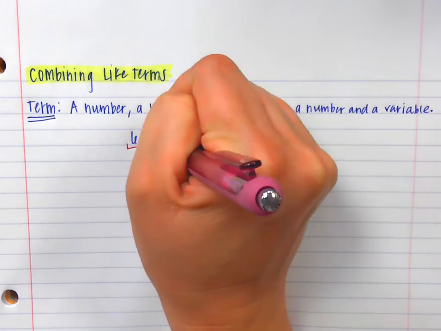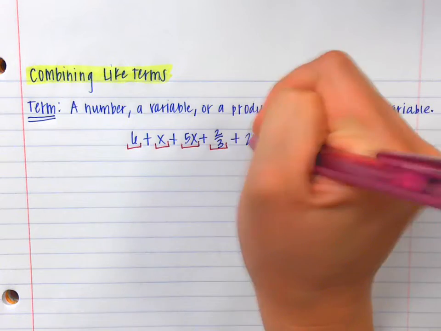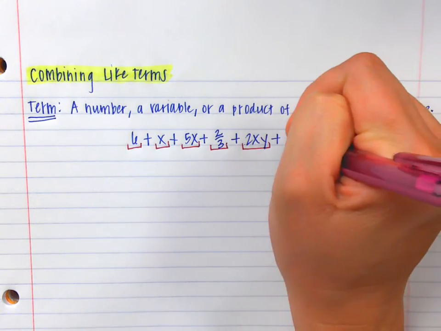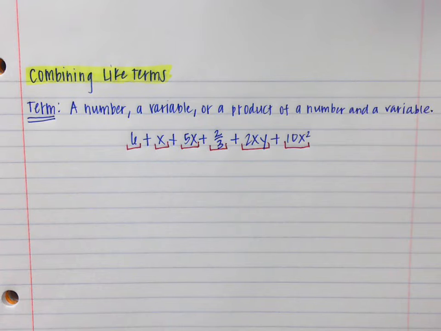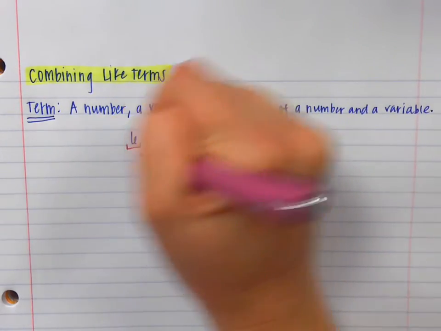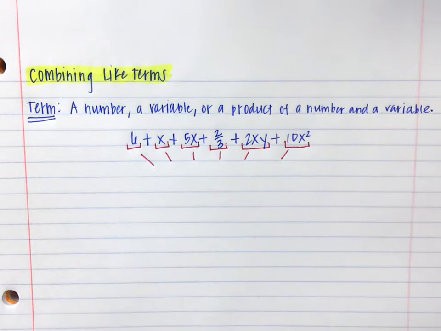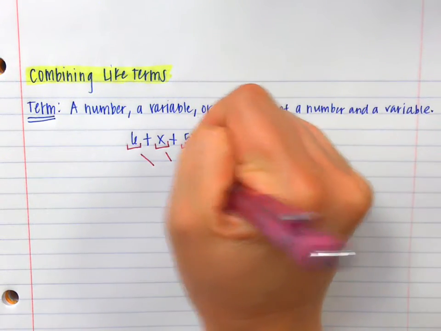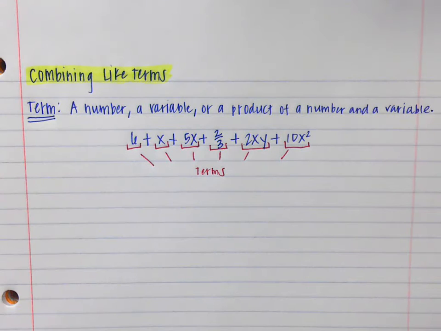X is a term. 5x is a term. 2/3, 2xy, 10x squared. All of those six things are considered terms. Notice that terms are often separated by either addition or subtraction symbols.